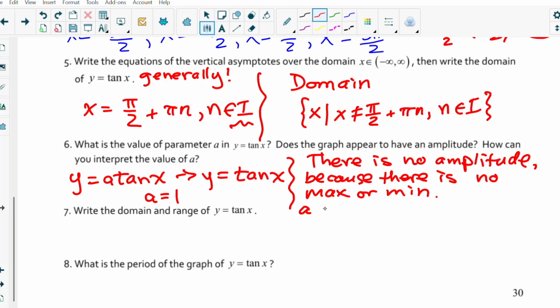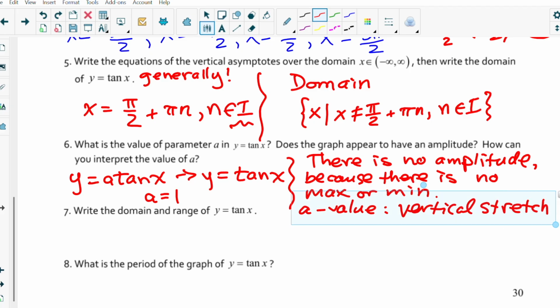So the way we interpret the a value is simply the vertical stretch factor about the x-axis. And that's it. We'll show you through Desmos later on how that works.